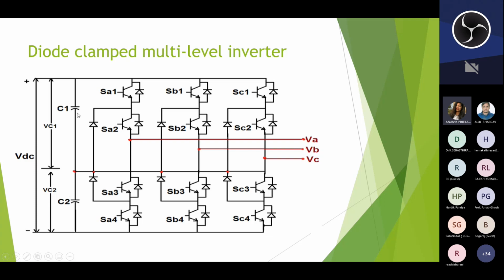So we can get different voltage levels, so that our output will be three level. That is VDC by 2, 0, and minus VDC by 2. If I generalize for a K-level inverter, it will require 2K minus 2 switching devices and K minus 1 input voltage sources.